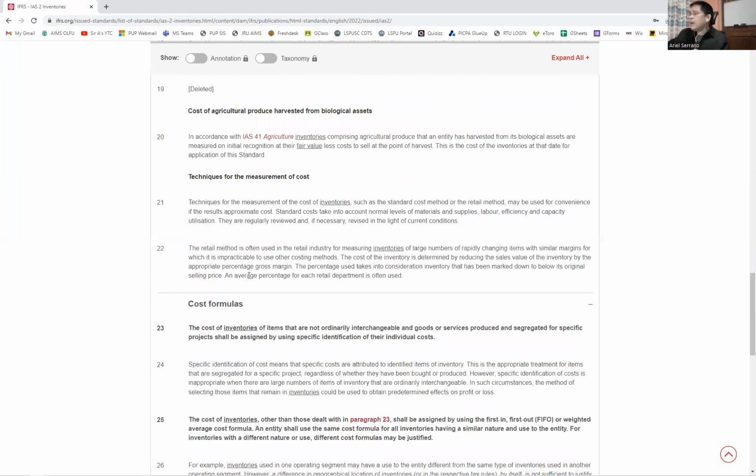Okay? Cost of agricultural produce. We have a discussion on biological assets. In agriculture, IAS 41 or PAS 41, it talks about biological assets, and it is a bit confusing for some, because there is a portion that should be recorded under PPE, PAS 16, and some will have to be recorded under PAS 2 on inventories.